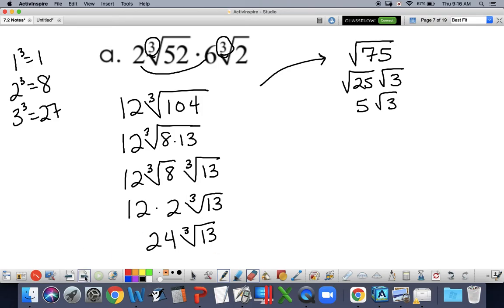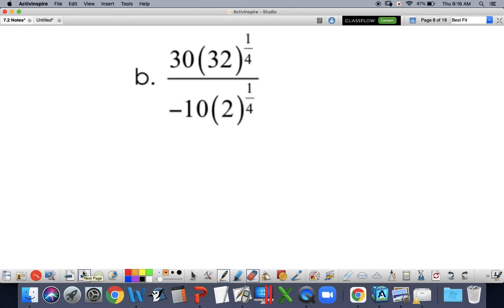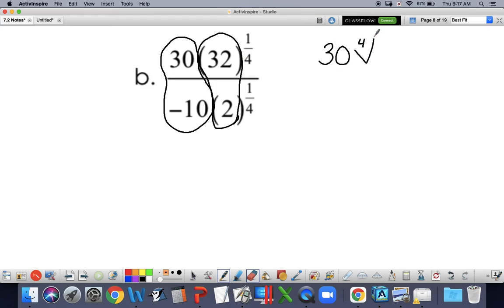Okay, let's move on to letter B. So this is a radical. It may not be written like a radical, but it is. These are my outsides, and these are my insides here. It has the 4th root attached to it, and if you need to rewrite it so you can see it as a radical, go right ahead.